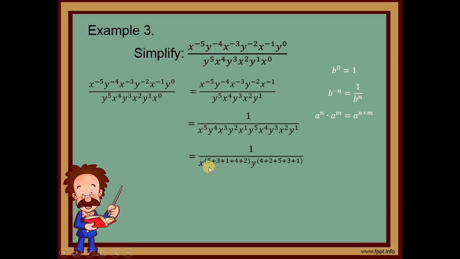Now, simplify natin. 5 plus 3 plus 1 plus 4 plus 2 is equals to 15. And 4 plus 2 plus 5 plus 3 plus 1. And since magkamukha lang sila, so they are both equals to 15. And therefore, we have 1 over x raised to 15, y raised to 15, and we're done.